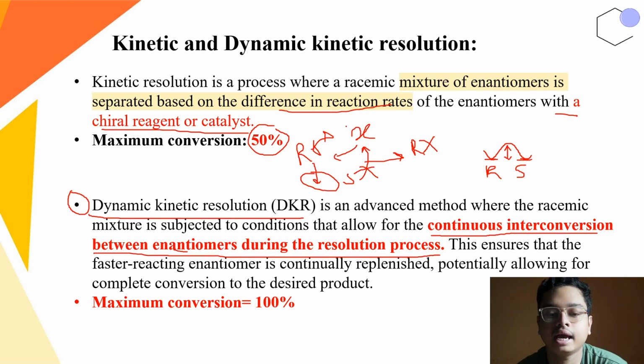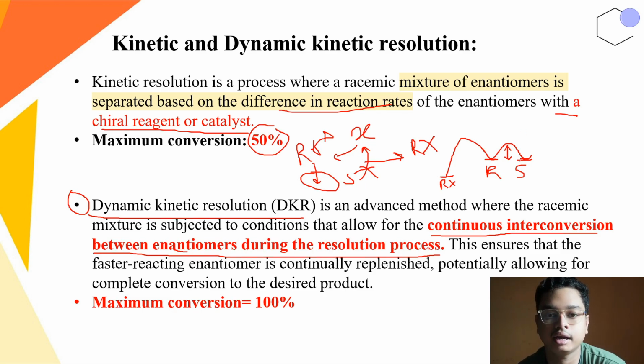Now, if we add some kind of X catalyst here, which can react only with R to form RX, it will not form any product with the S enantiomer.